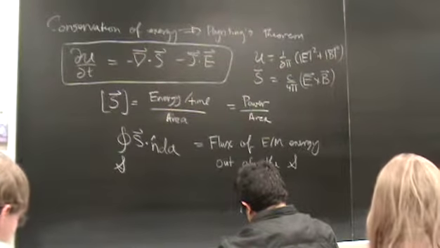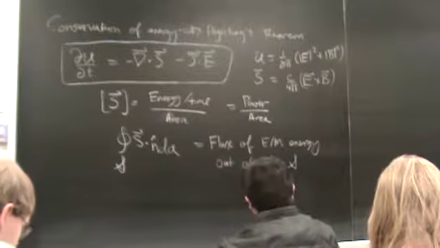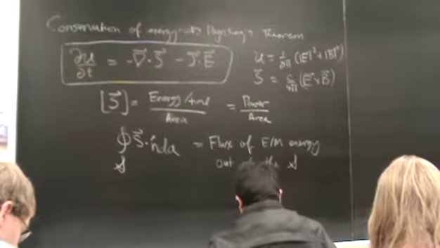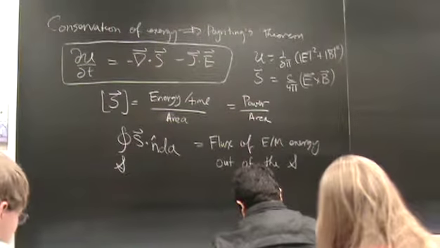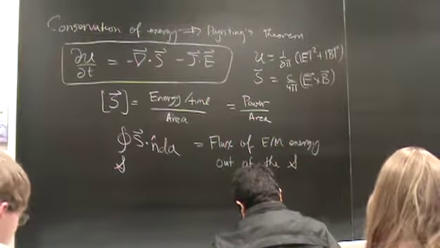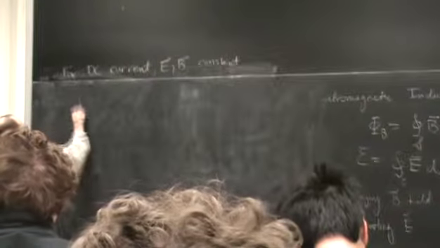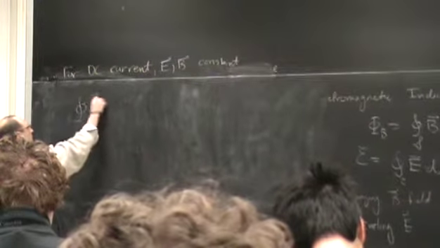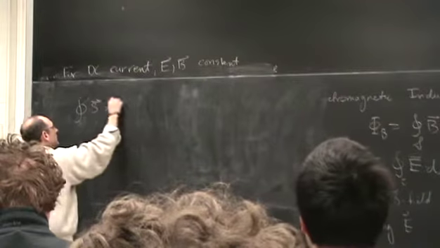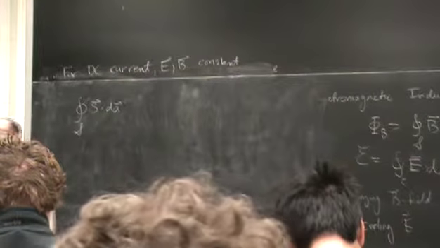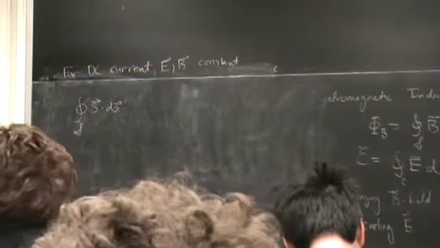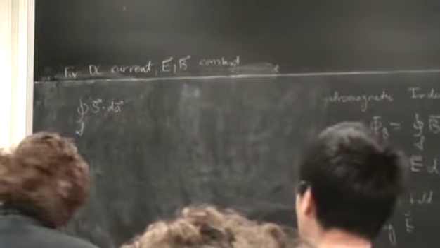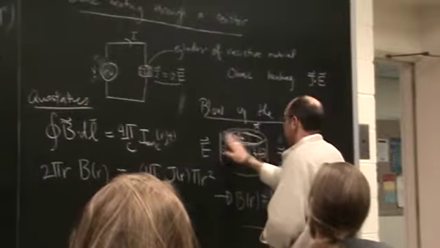All right, so let me remind myself where I am. These notes. Here we are. So let's look at the flux of the Poynting vector through a closed surface which is at, oh, I'm sorry, let me redraw this.